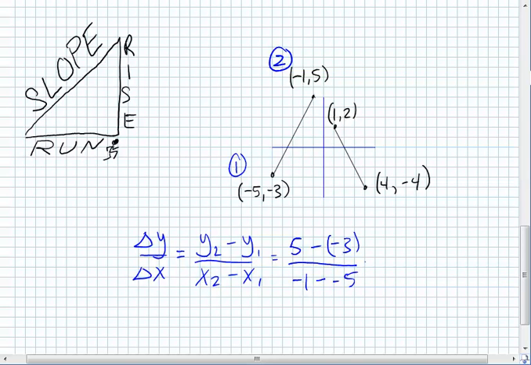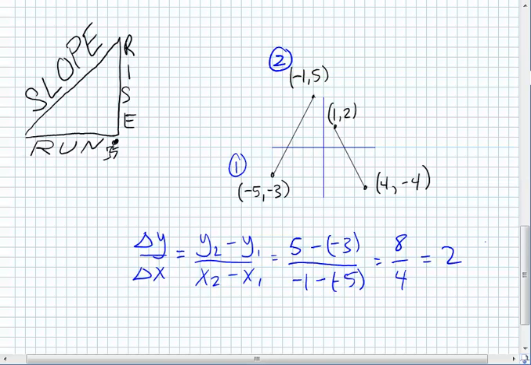Well, 5 minus negative 3 is positive 8, because it's 5 plus 3. And negative 1 minus negative 5 is negative 1 plus 5, so that's 4. 8 over 4 is 2, just like the other one was. So it doesn't matter how you do it so long as you're consistent top and bottom.